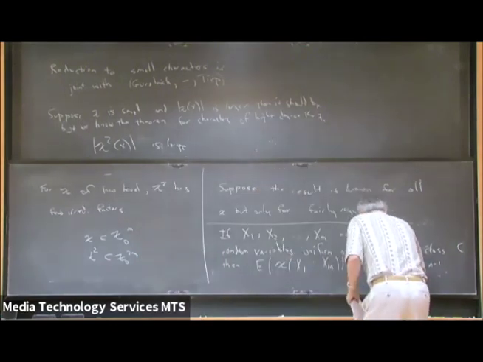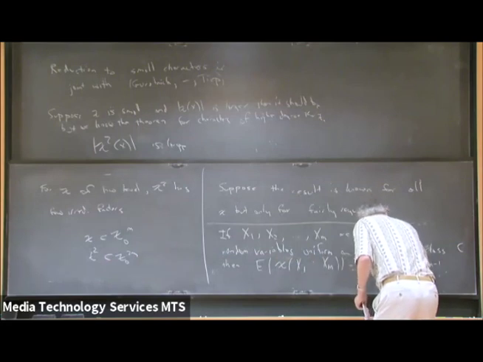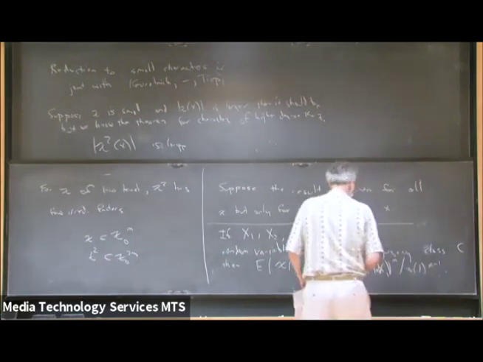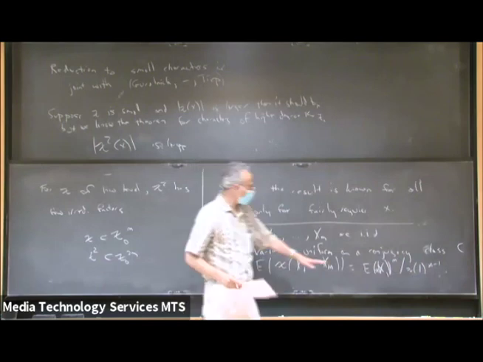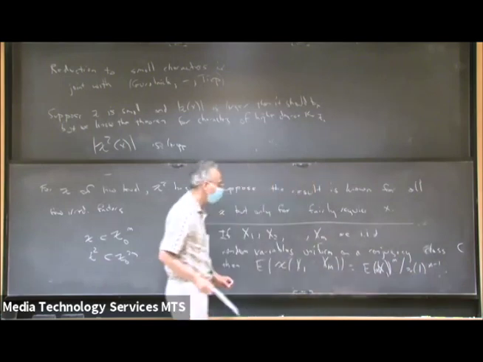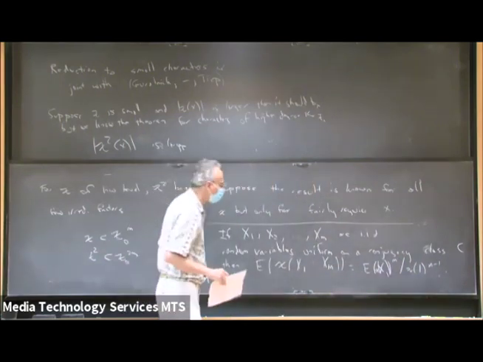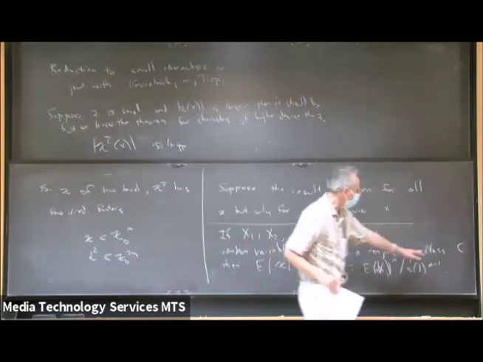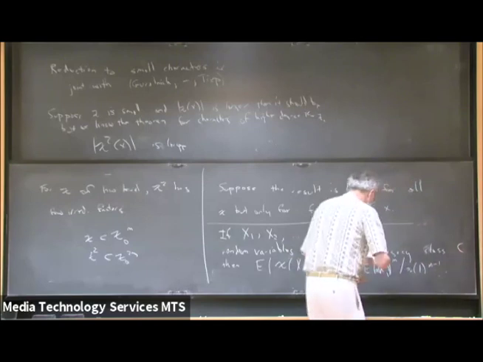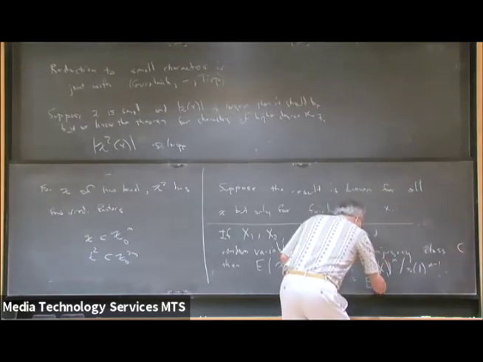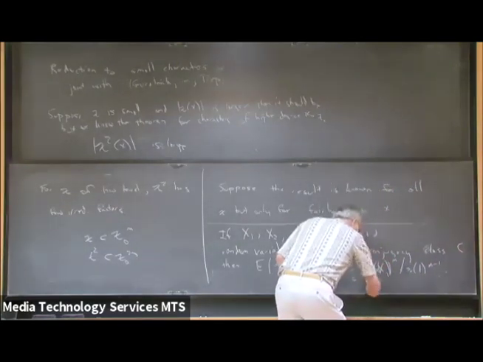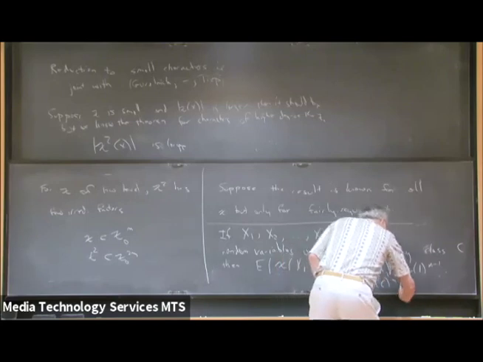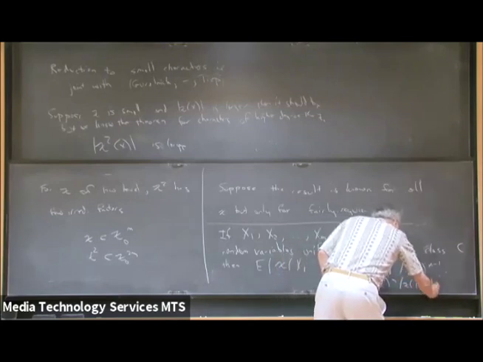I don't mean the expectation of x1. I mean the expectation, of course, of chi of x1. Since x1 is a random variable on C, this is the same thing as just chi of C to the m divided by chi of 1 to the m minus 1.